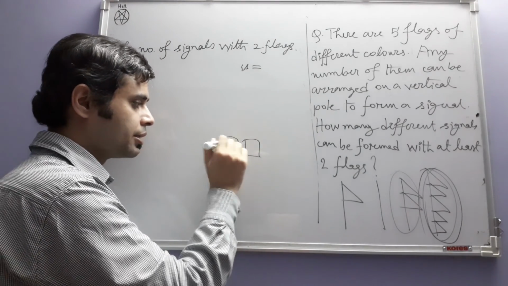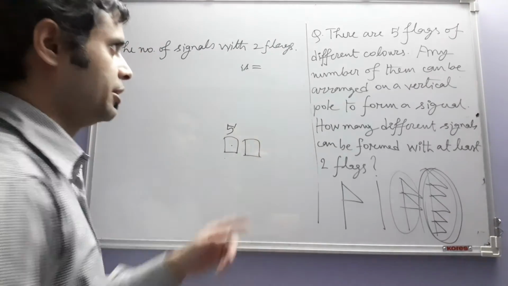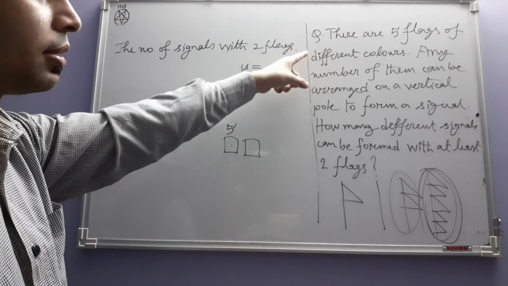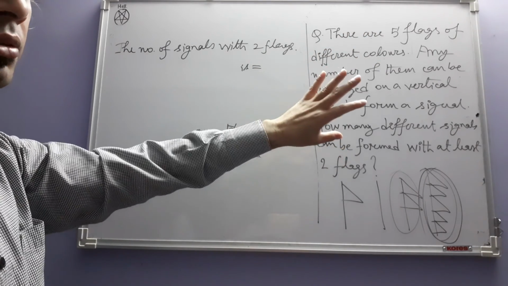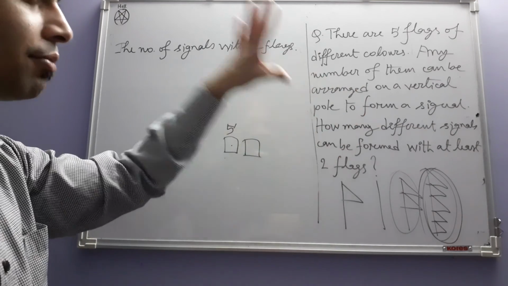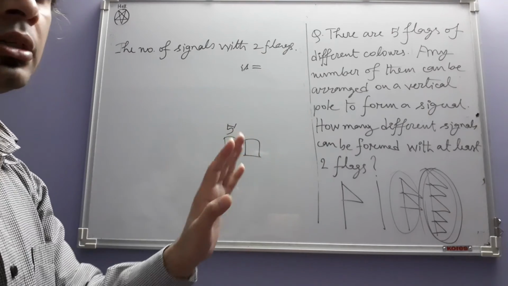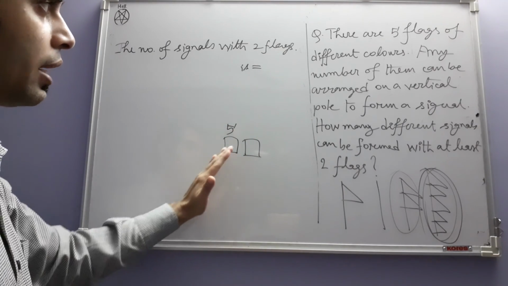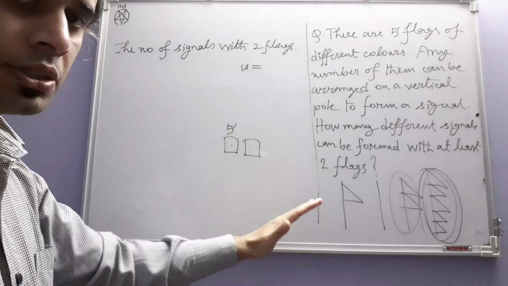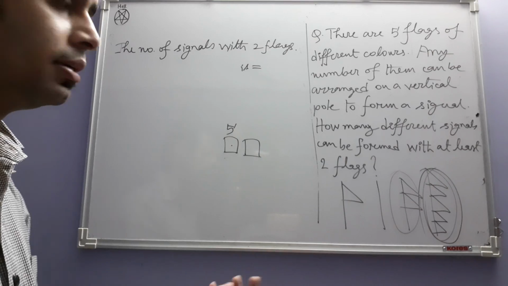For the first place, I have 5 possibilities, I have 5 flags. Now once a flag has been chosen, you see nothing has been written about repetition, which means if nothing is given to you, you should assume that you cannot repeat. If something can be repeated, it will either be explicitly mentioned or the situation itself tells you that something can be repeated. Okay.